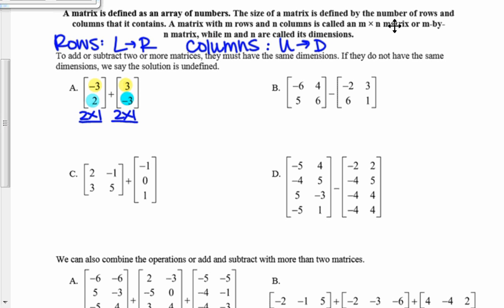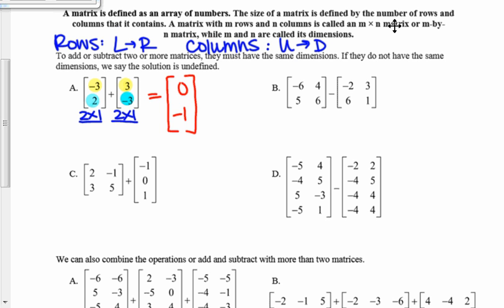It's in that position. I look at the matrix on the right, and that +3 is in the top, same position on the right side. So I'm just going to add those numbers together. -3 plus 3 gives me 0. And then my next one, 2 plus a -3, or 2 minus 3, gives me -1.